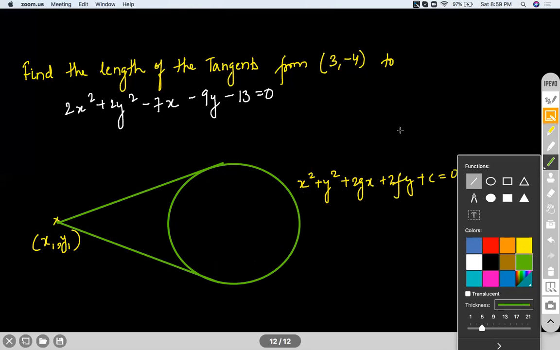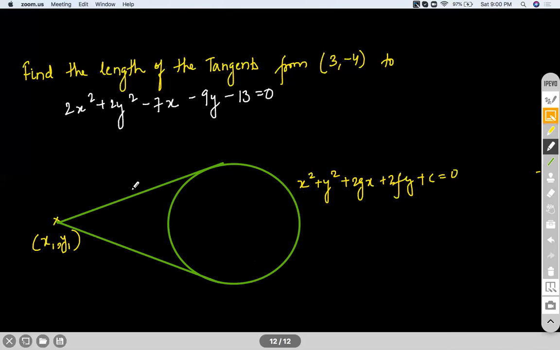First of all, are you convinced that these two tangents would be of equal length? Secondly, are you convinced that this is going to form a right angle triangle like this?